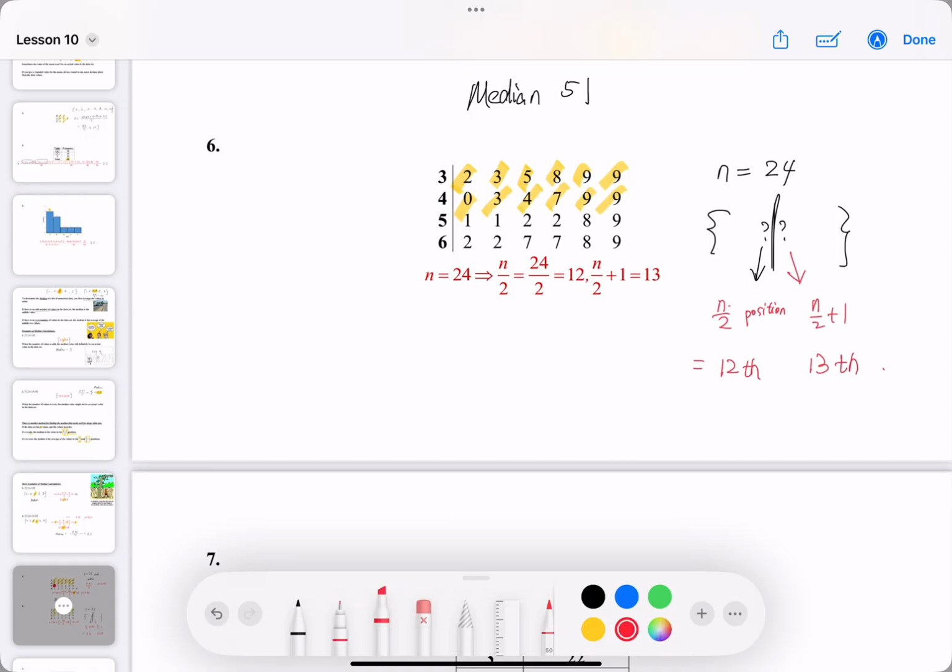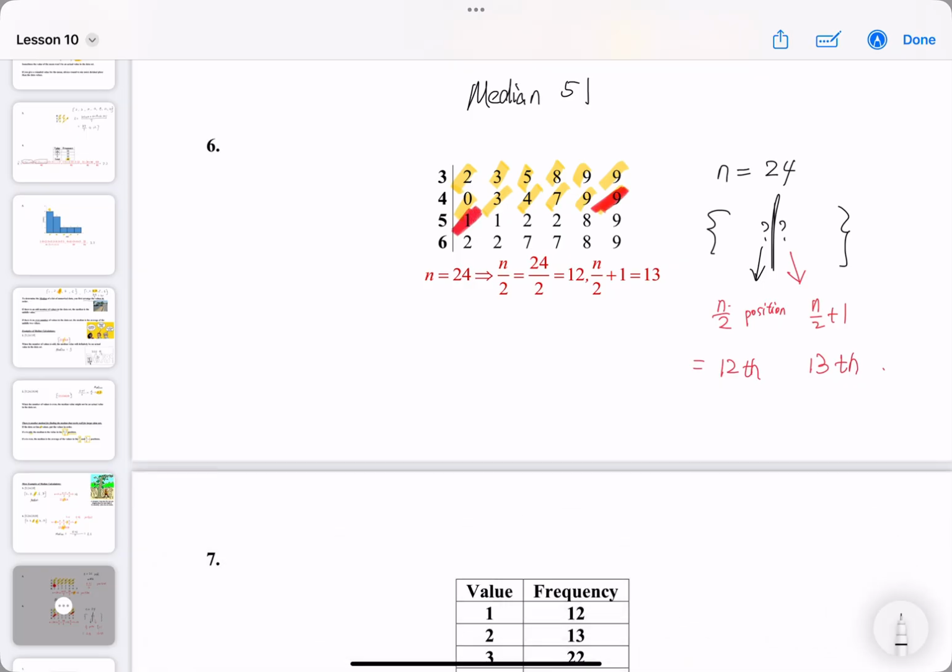Okay, let's use a different color to color 12 and 13. So we are adding these two numbers together, 49 plus 51 divided by 2. 100 divided by 2 is 50. So our median of this question is 50.